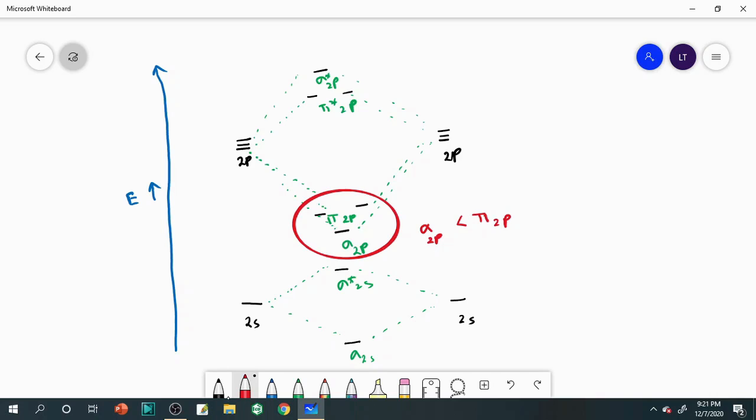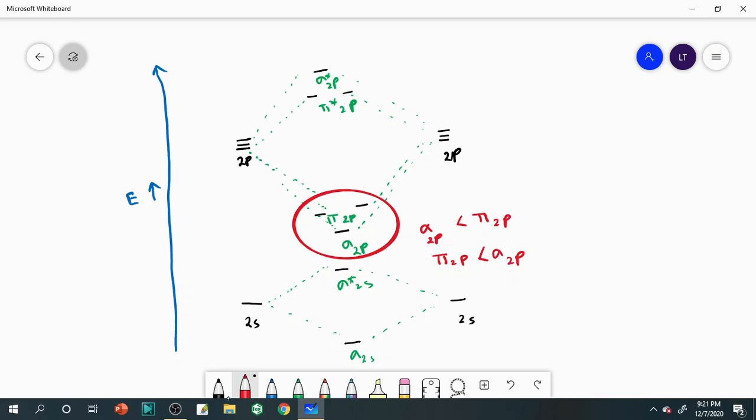There are some other factors which can contribute also, and they may cause, in some cases, these two pi orbitals to be lower in energy than the corresponding sigma orbitals, and in those cases the energy level diagram will change to some extent.